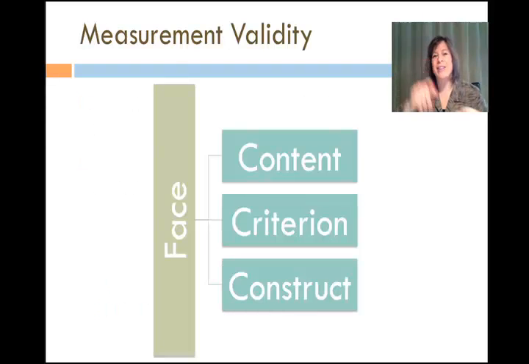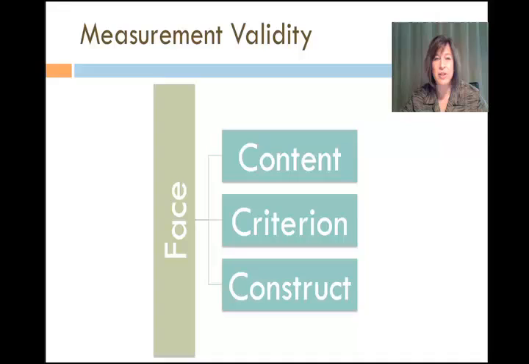There are 4 kinds of measurement validity. So 4 ways, and they have a hierarchy, but 4 ways to look at the quality of our measures. The first is face validity, and you might have heard of that before. That's the most basic level, and it's the extent to which the measures just feel right.